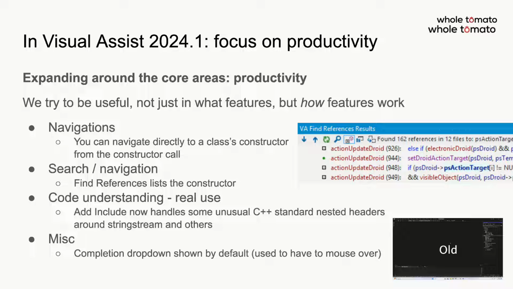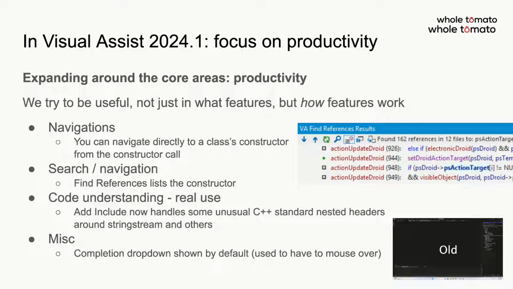So those were examples. Visual Assist 2024.1 does the same thing, except it adds one key extra. But to focus on these areas first, I've categorized a few new features and tweaks by the same categorization groups that I just spoke about. For example, in 2024.1, Find References lists a constructor call now, and you can navigate there directly.